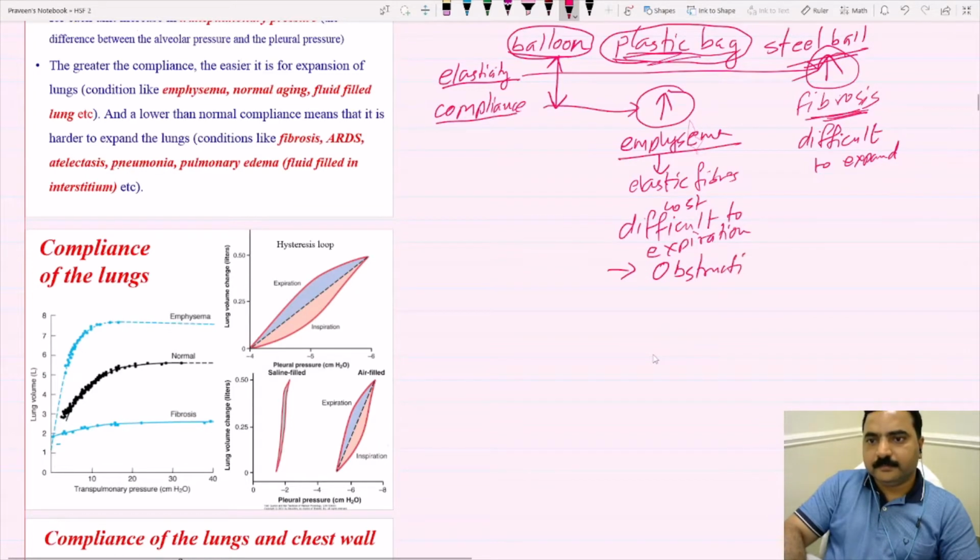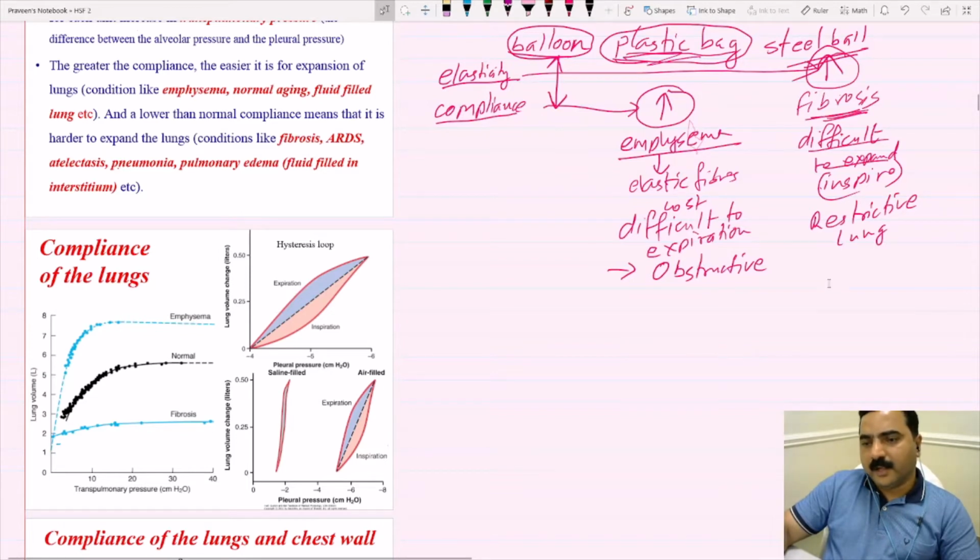Whereas difficulty to expand means difficult to inspire, since expanding is required for inspiration. So difficulty in inspiration will cause what is referred to as restrictive lung disorders. These are the two classifications of the various lung disorders that we have.